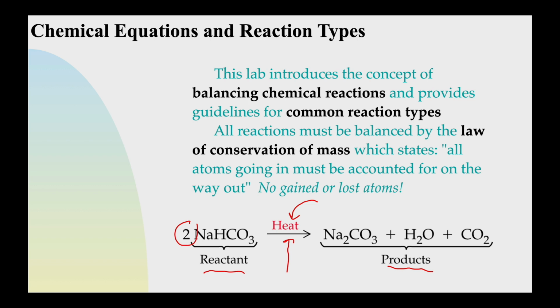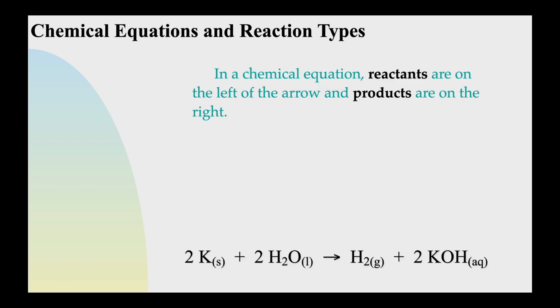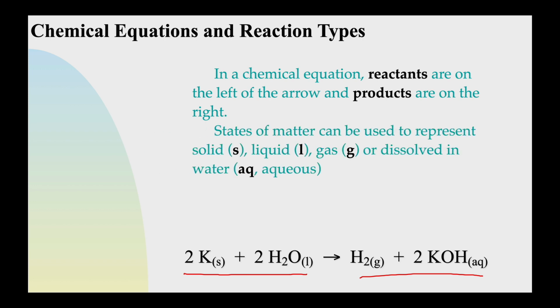Again, reactants on the left, products on the right. In this reaction at the bottom, the K and the water are reactants, and the H2 and the KOH are the products. We know that because the arrow designates the two groups.